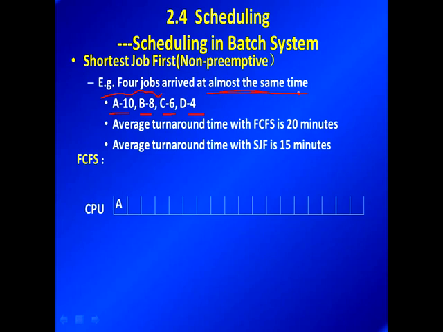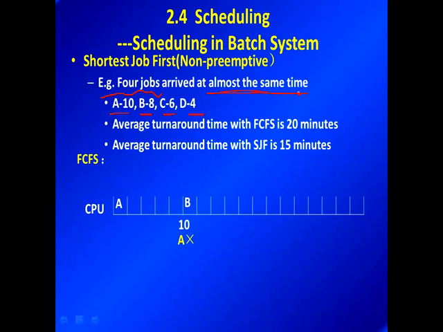So for FCFS, the execution order should be A, B, C, D too. A needs 10 minutes to finish its job. It means at time 10, A exits. At this time, B can get into the CPU and runs for 8 minutes, because job B needs 8 minutes to finish its job. So when does B exit the CPU?